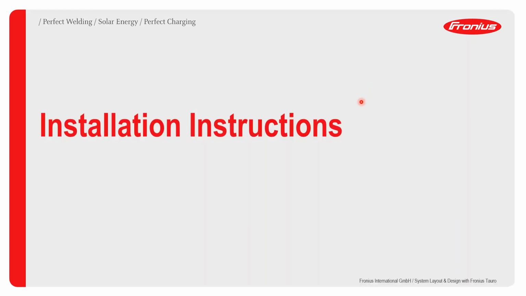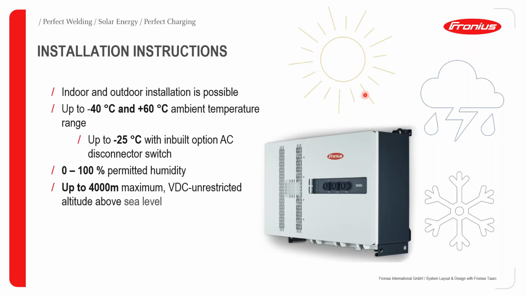Going forward, let's now look at the recommended installation areas, or the installation instructions for the Fronius Tauro. So this inverter can be used for both indoor and outdoor installations. There is no discrimination whether it's an indoor or outdoor installation.